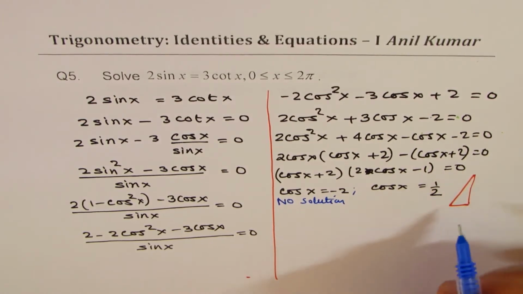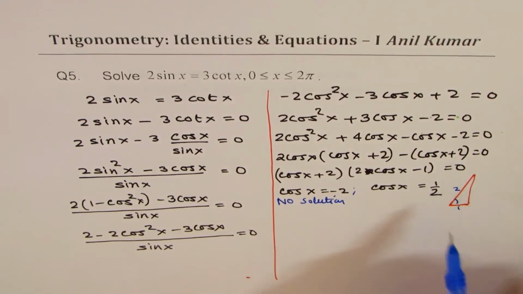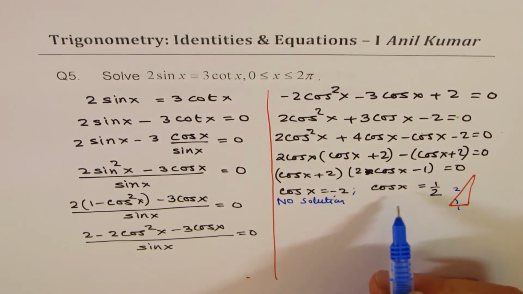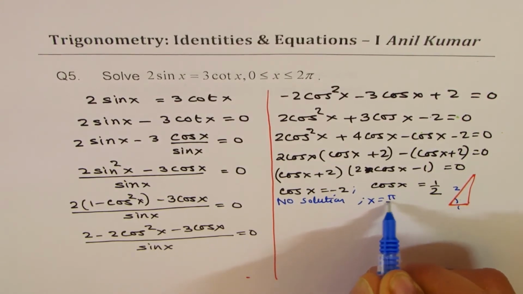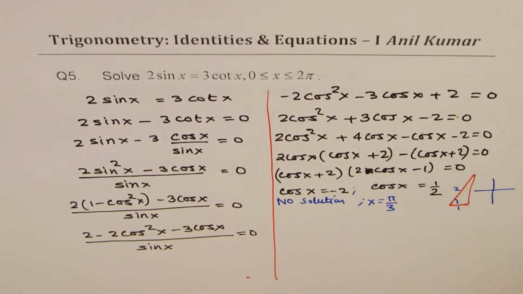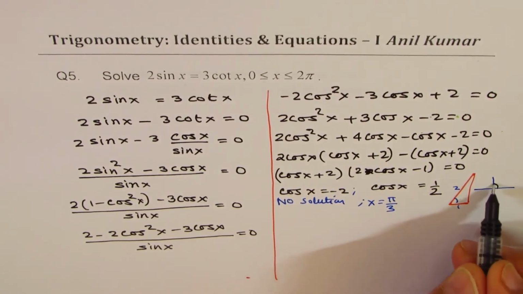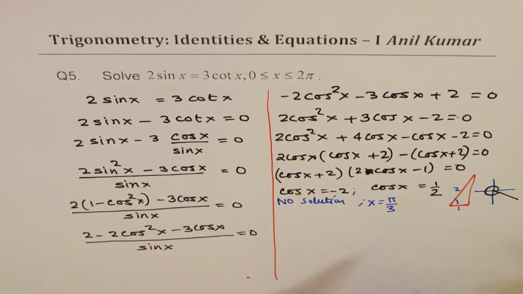So we know our special triangle, 1, square root 3, 2, and that angle is pi by 3, right? So we have two solutions for this. One is x equals pi by 3. The other one is that it could be in quadrant 4, right? So cos is positive in quadrant 1 and 4.